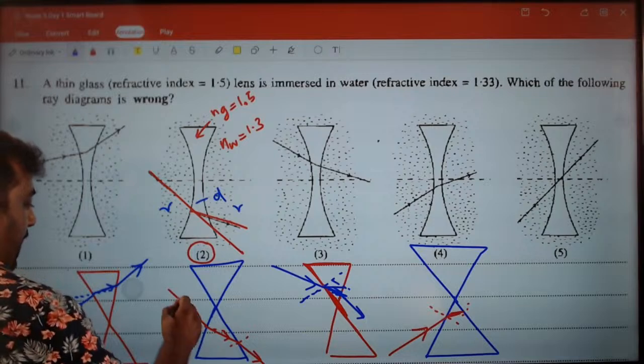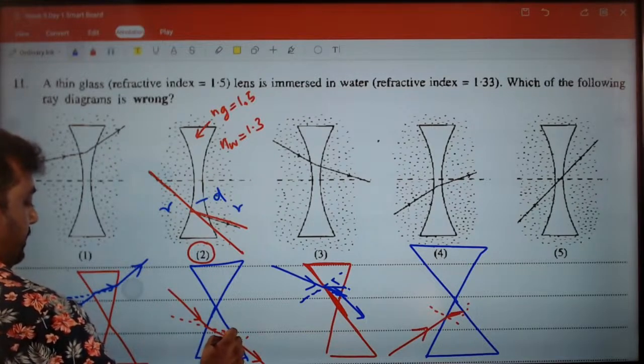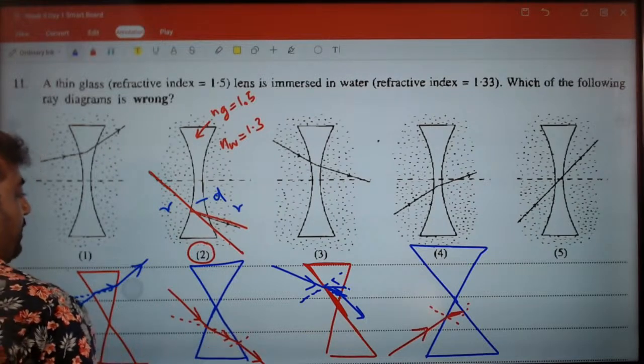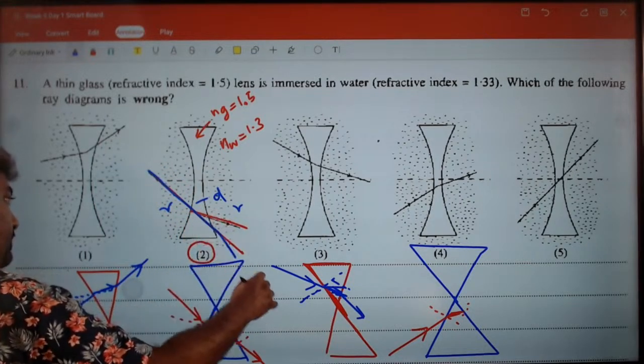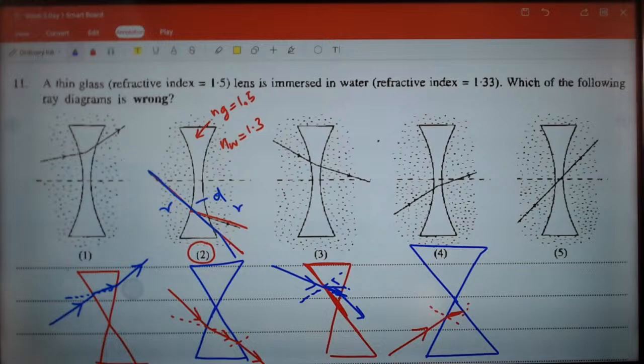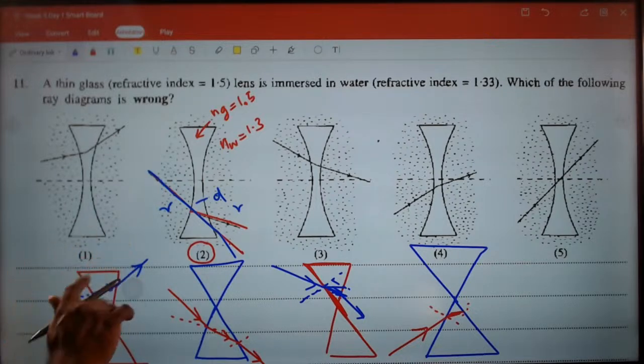So rarer, denser: towards. Denser, rarer: away. So it should go away. Here it's coming towards. Here it's coming towards. Right. So guaranteed 1 and 5 are correct. The rest only you have to check.